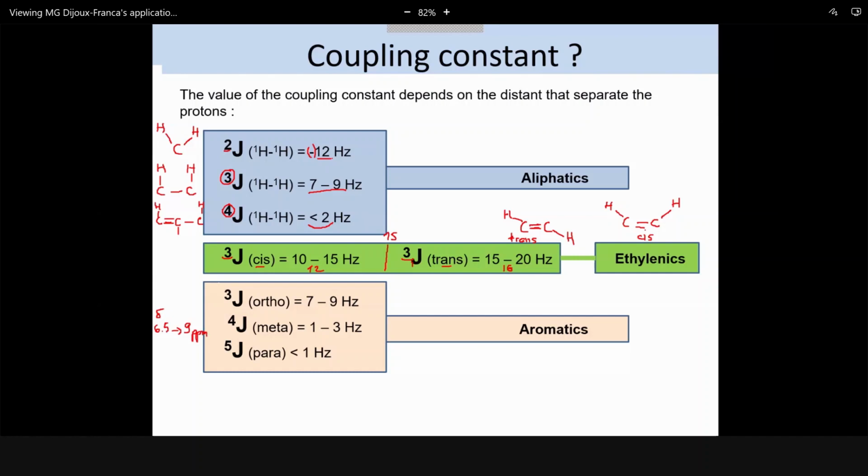You can also have coupling in an aromatic ring. Let me draw.